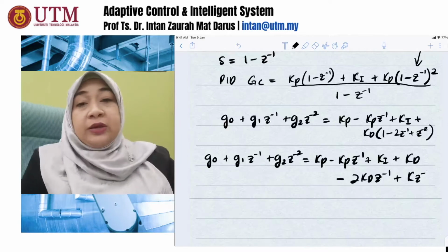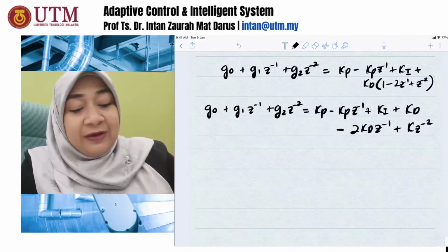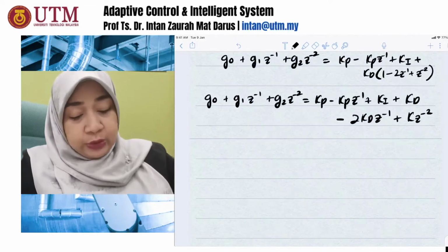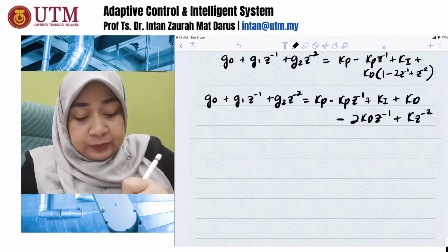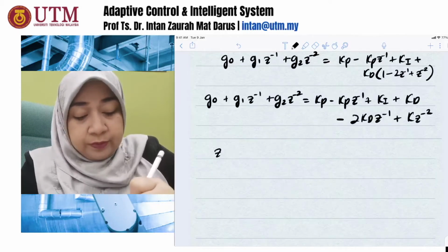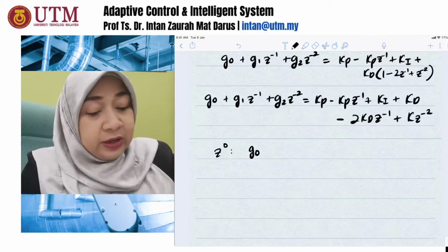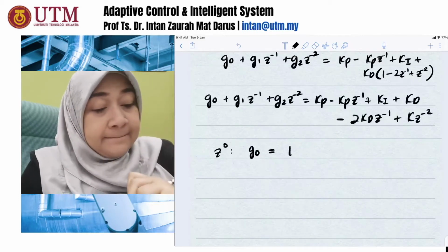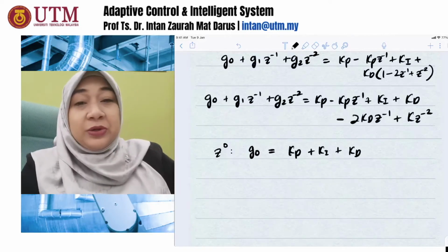So what we can do later on is compare the coefficients from the left-hand side and right-hand side. Let's compare the coefficient of z to the power of 0. One side is g0, the other side will have Kp plus Ki plus Kd. So that's one equation that you have.